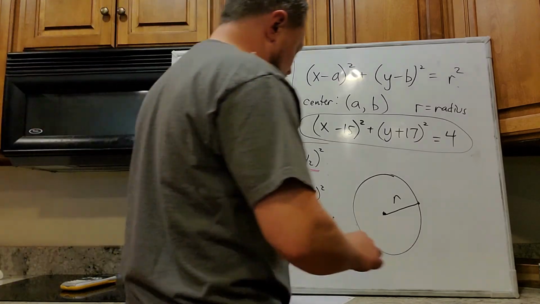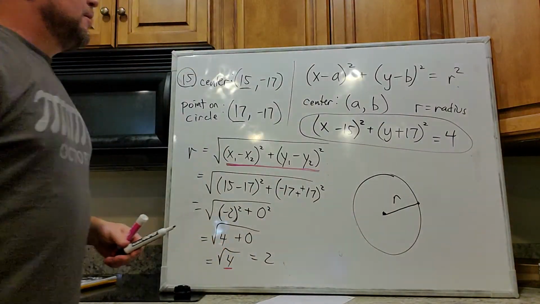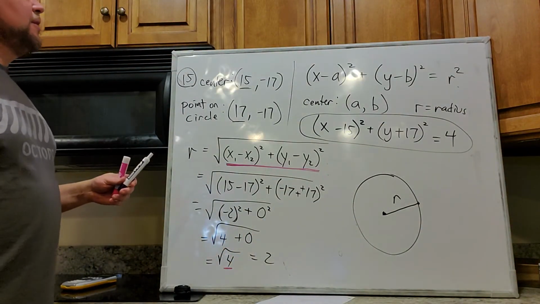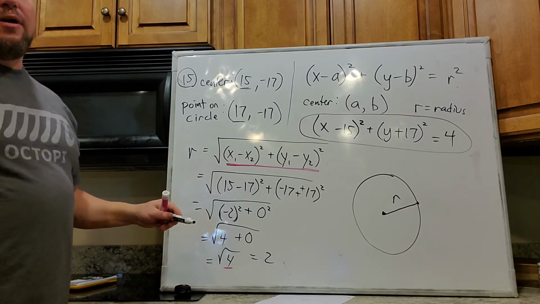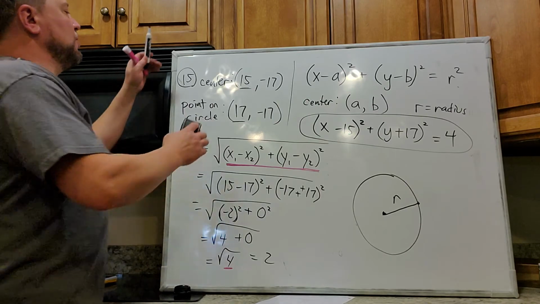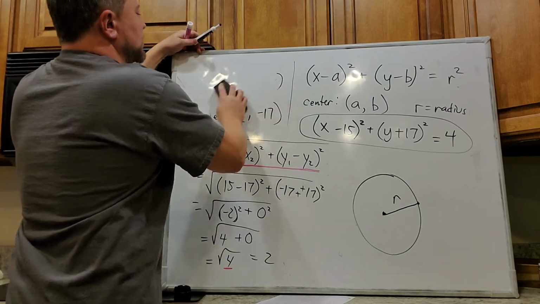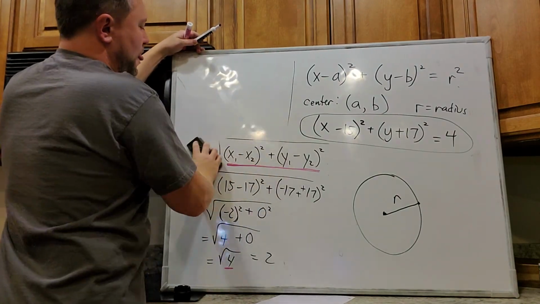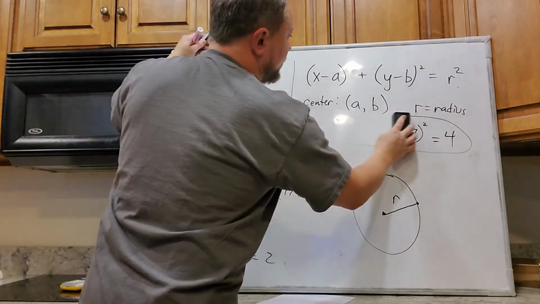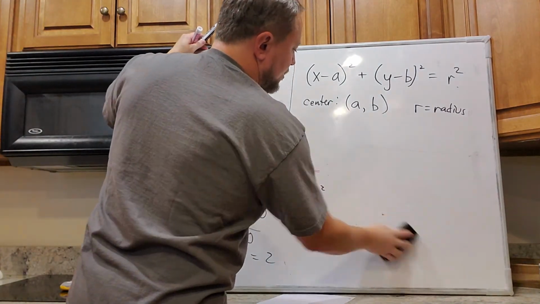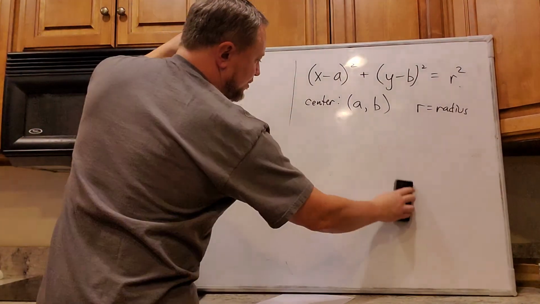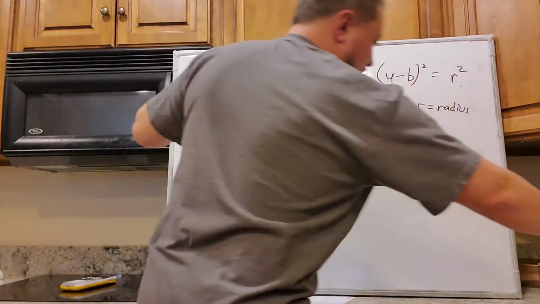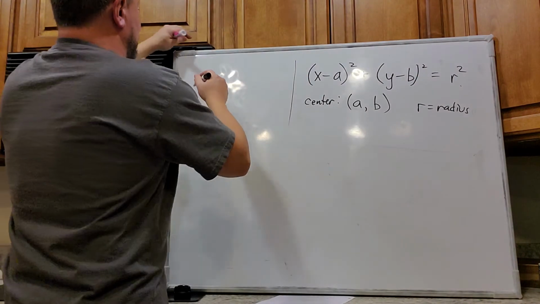Okay, there's one more problem. On this last one, they decided that this wasn't enough work for you already. They're going to give you a little more work on number 16 to get to your answer. Because this time, what they're going to give us are the ends of the diameter.